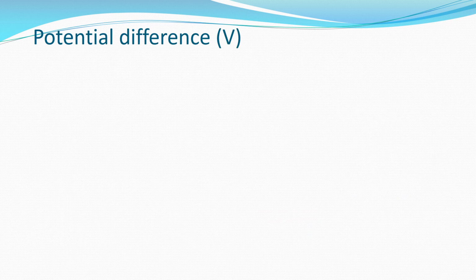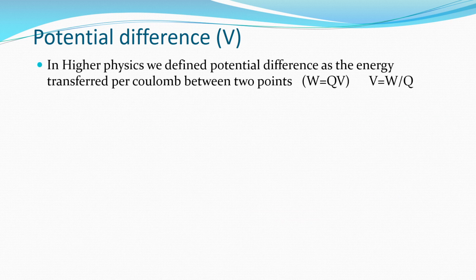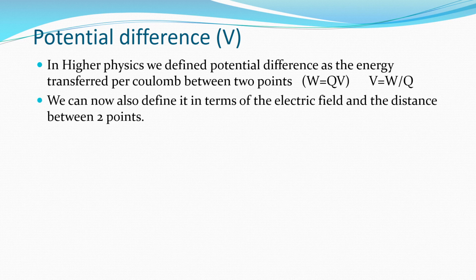Potential difference, V. In Higher Physics, we define potential difference as the energy transferred per coulomb between two points, that is W equals QV or V is equal to W over Q. We can now also define it in terms of the electric field and the distance between two points by using the information from the previous slide.